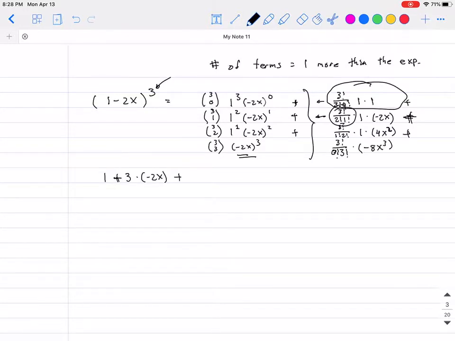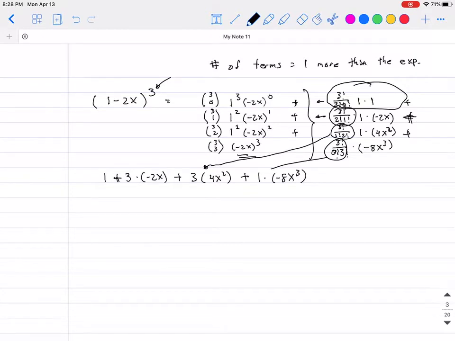And then the next one after that is going to be equal to 3 factorial over 1 factorial, 2 factorial. That is equal to 3 again, and then multiply by 4x squared. So that's this part over here. And then the last part is going to be equal to 1. So that's 1 multiplied by negative 8x cubed.